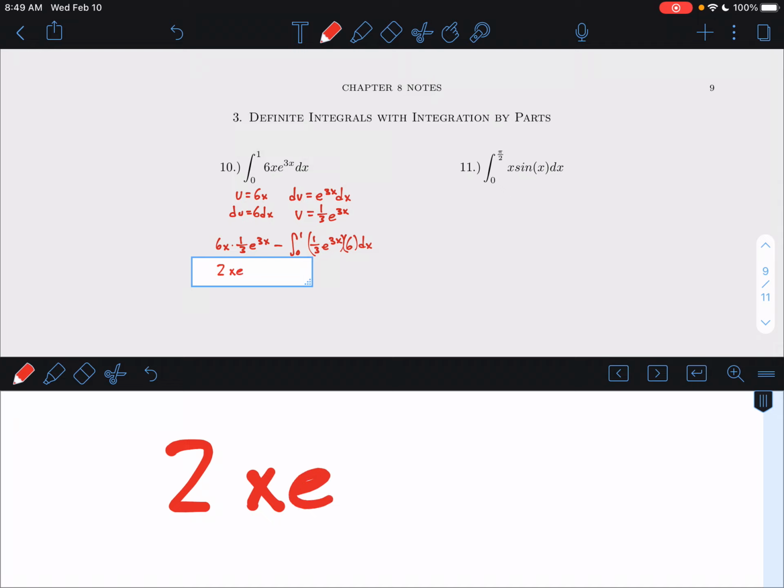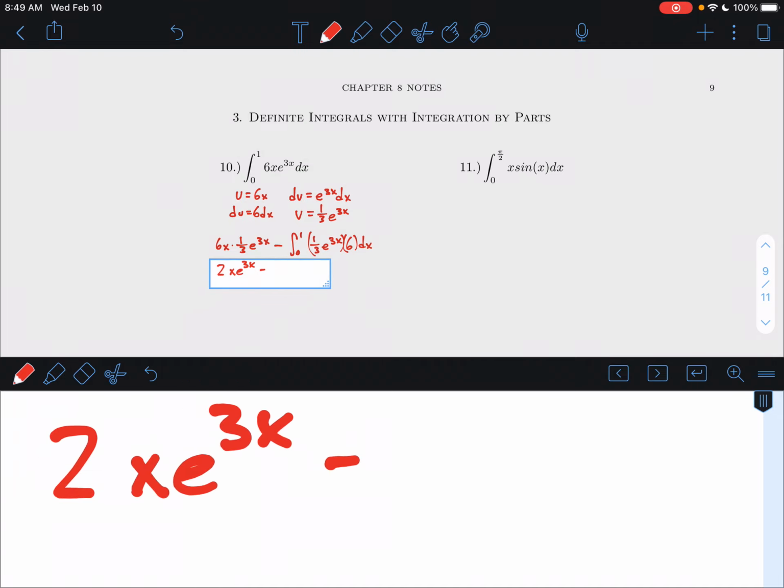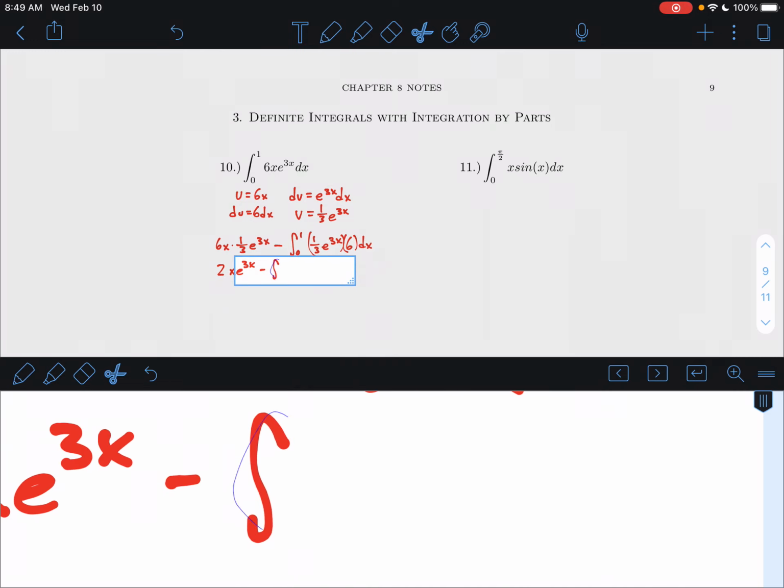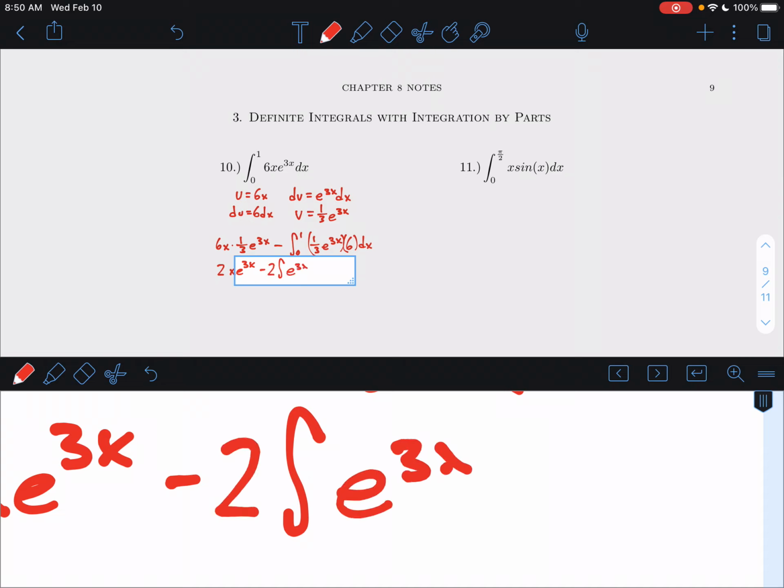So 2x e to the 3x minus the integral. Again, I have 6 times 1/3, and I can pull that outside the integral, so I can have 2 times e to the 3x left inside dx, 0 to 1.